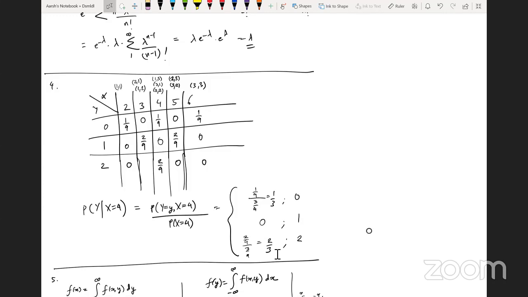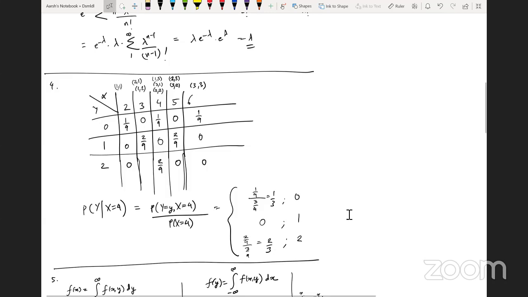Yeah. In the second part of this question, which says the conditional distribution, the probability of y given x equal to 4, what is the meaning? Are we trying to find a probability or a distribution? Because in the question it says distribution, so I'm a bit confused. Okay, right. So yes, you're right.